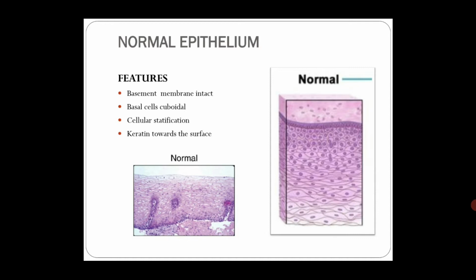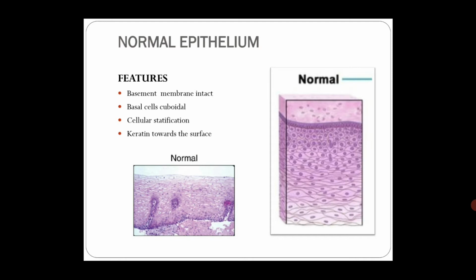Starting from the normal epithelium, there are certain features that you need to note while you are checking the histopathological slides. Firstly, in the normal epithelium, the basement membrane is going to be intact. Then the basal cells are going to be cuboidal in shape. As I told you, they are going to be slightly elongated.